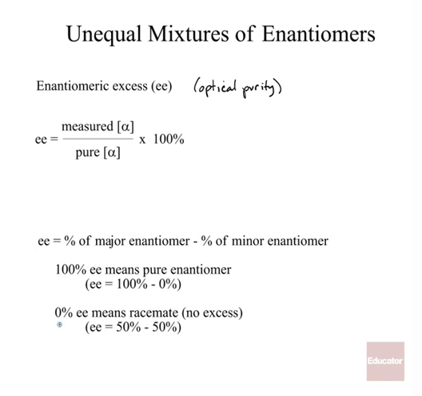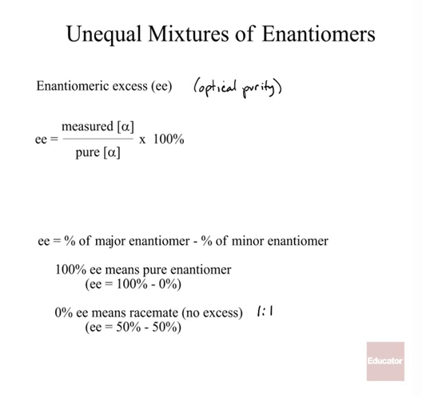Okay, a 0% EE means you have no excess of either enantiomer, so that means you have exactly one-to-one. You have a racemate, or a racemic mixture. In other words, 50% of one enantiomer and 50% of the other enantiomer gives you an EE of 0. So 100% means I have pure enantiomer, 0% means I have exactly one-to-one mixture, and any EE percentage in between there means I have some kind of mixture of the two enantiomers.